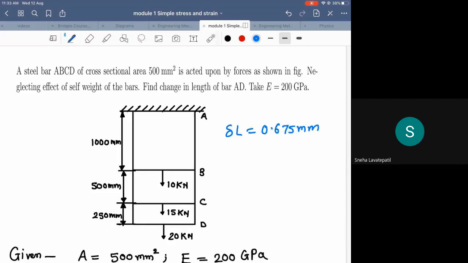This indicates that this member AD will get increased in length, and that change is nothing but 0.67 mm.